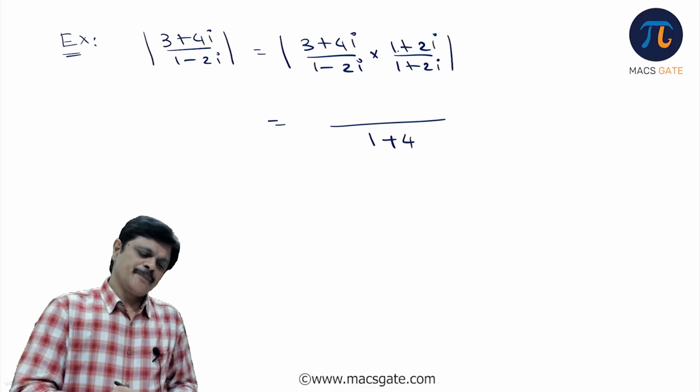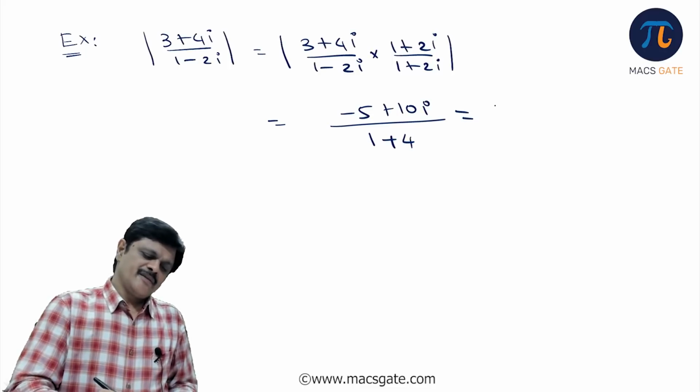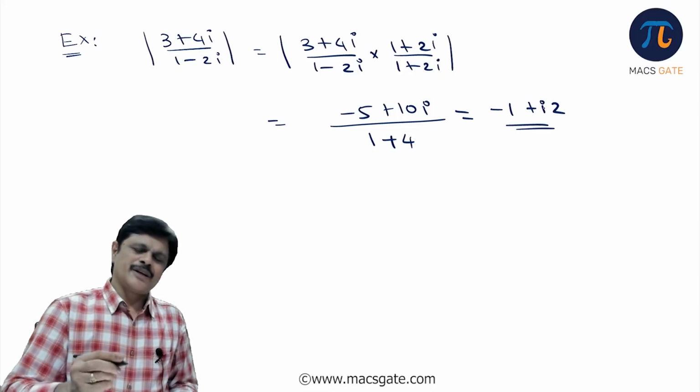Numerator 3 plus 8i square. 8i square means minus 8. 3 minus 8 is minus 5. Then it is 6i plus 4i, 10i, which is nothing but (minus 5 plus 10i) by 5. So 5 cancels now. So it is minus 1 and it is 2. Minus 1 plus 2i. Whatever way you can write.